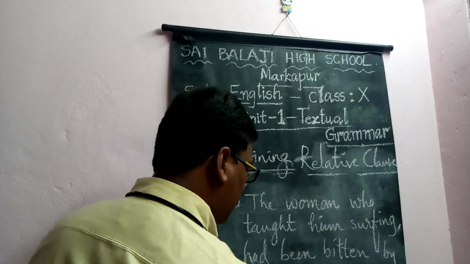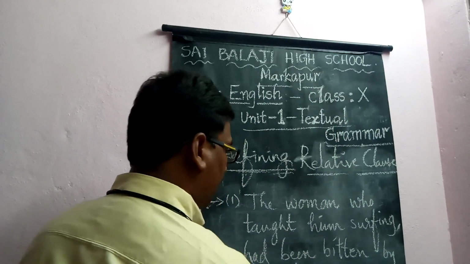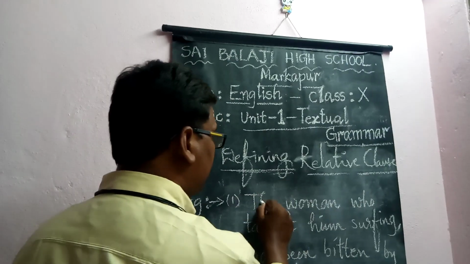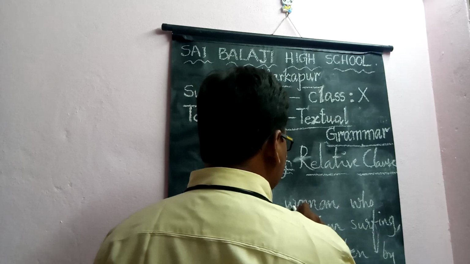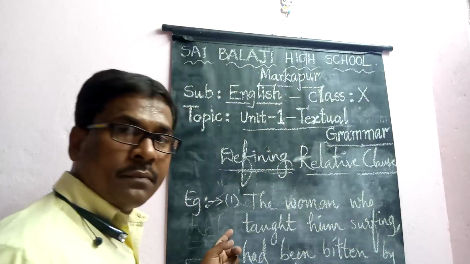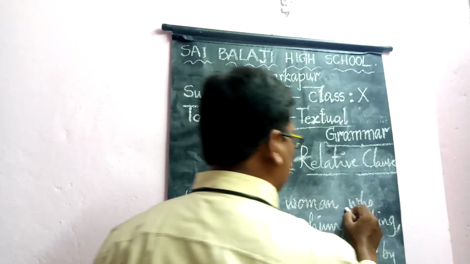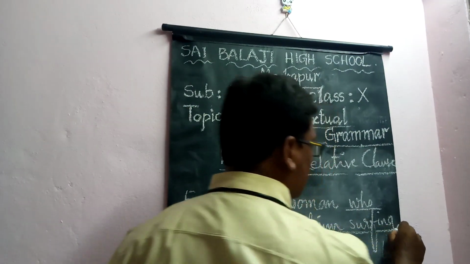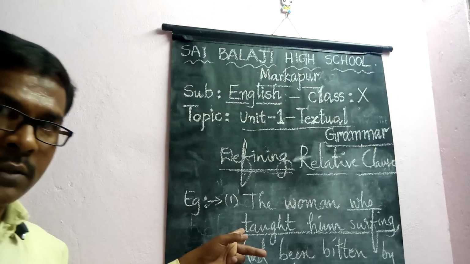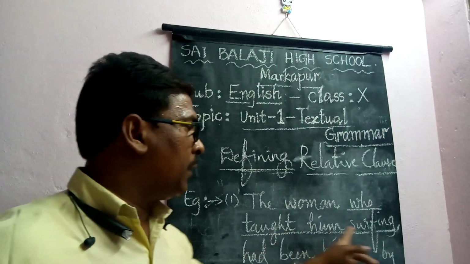This is a sentence which is given in your textbook. So here it is a relative clause sentence. Here we have relative clause part, that is who taught him surfing. This part is known as relative clause part.